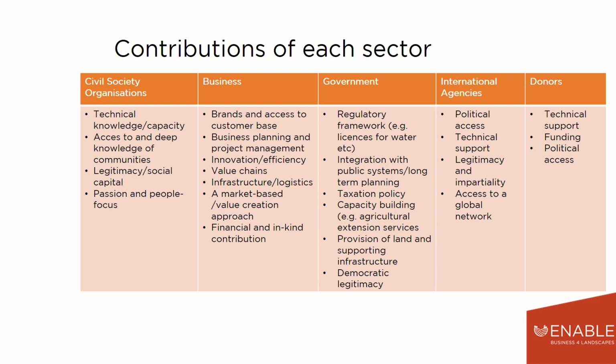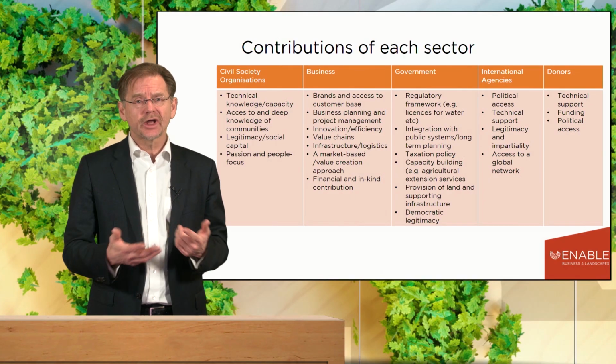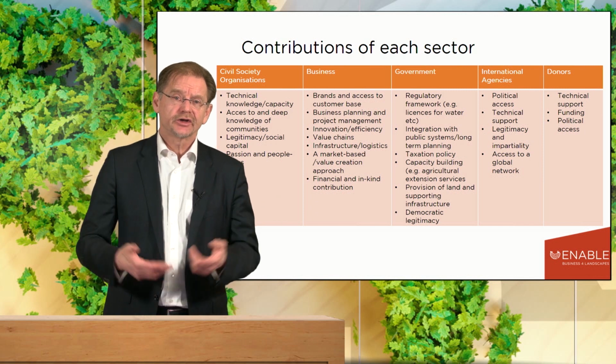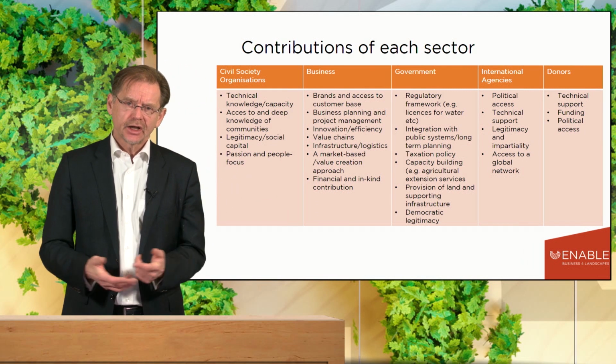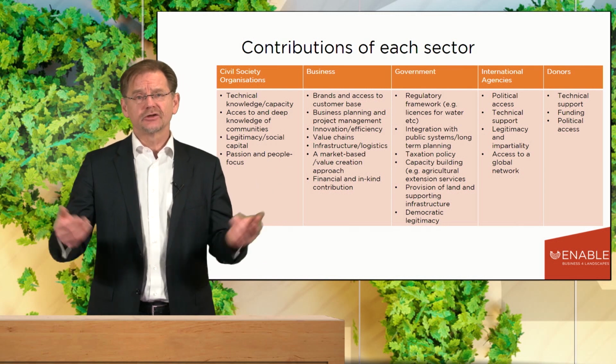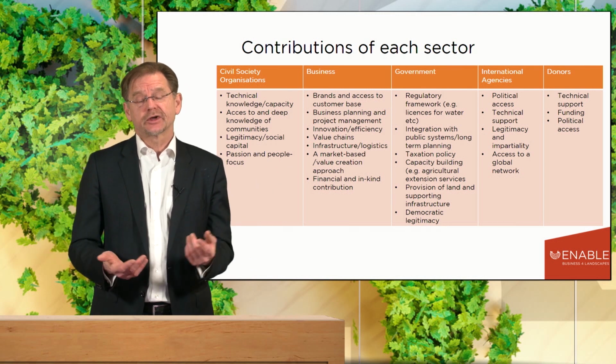But generally speaking, we often see that civil society organizations bring a lot of knowledge, access to communities, legitimacy, and even passion to the table. The private sector is more likely to bring in things like project management, innovation, financial contributions. And governments can often provide regulatory frameworks, taxation policies, but also democratic legitimacy.